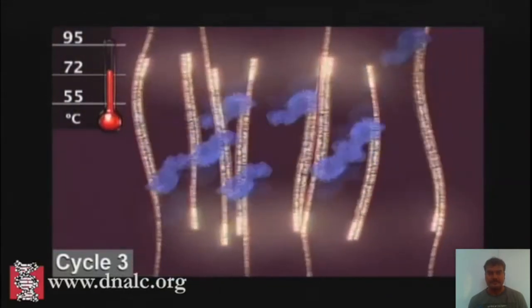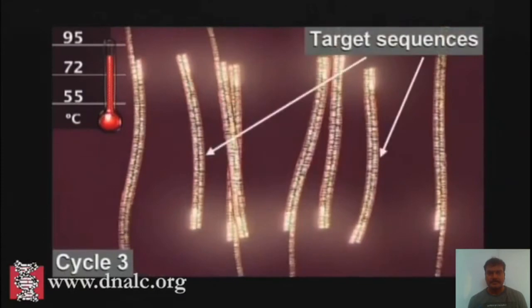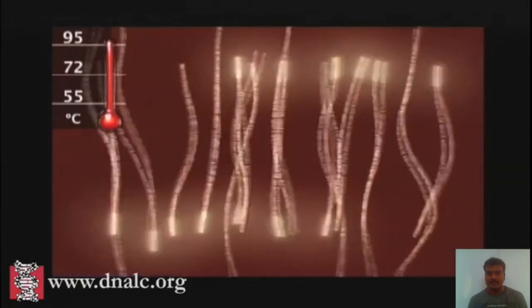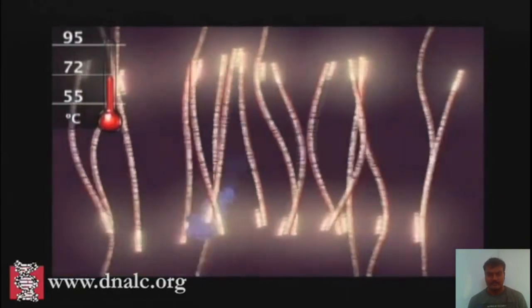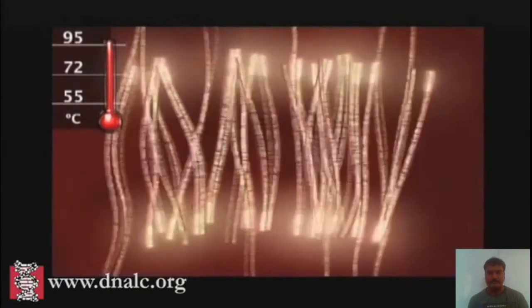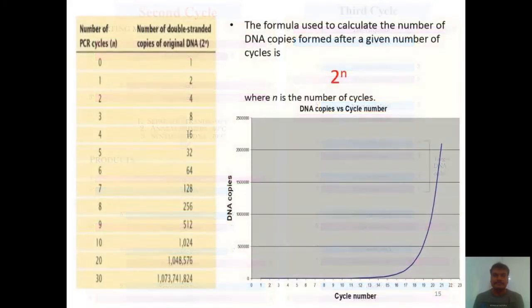After 3 cycles, the target sequence defined by the primers begins to accumulate. After 30 cycles, as many as 1 billion copies of the target sequence are produced from a single starting molecule. So from this cycle onwards, your double stranded DNA alone will exponentially start increasing.